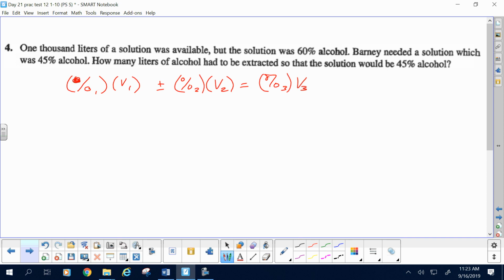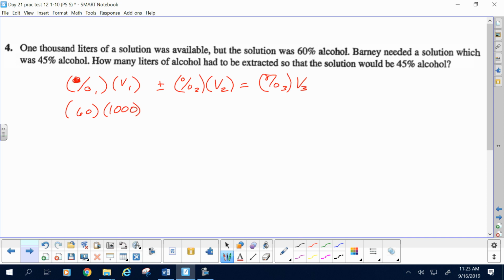We're starting with 60%. Do you use 60 or 0.6? I don't care which. 60, okay? And what was the volume of the 60%? Do you know it, or is it unknown? It is 1,000. That was known. 1,000 liters of 60% was what it started with, yeah?